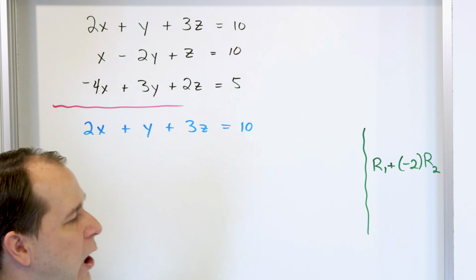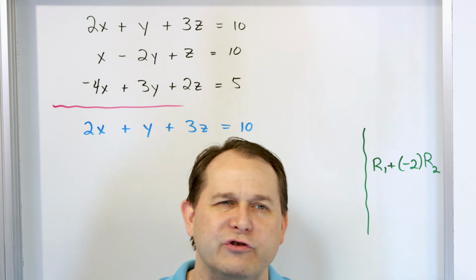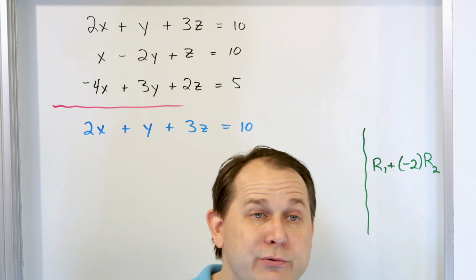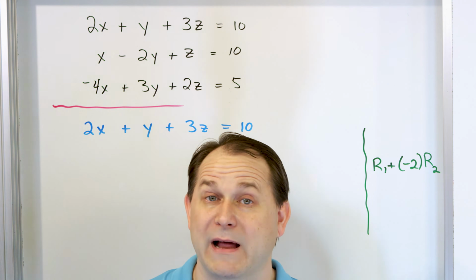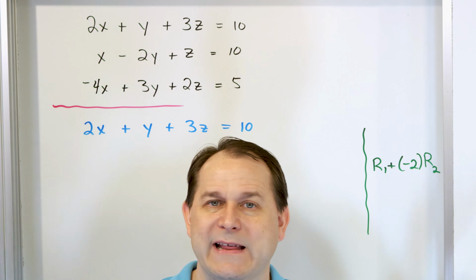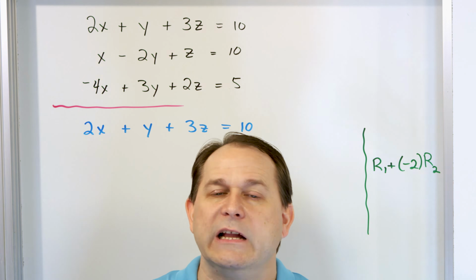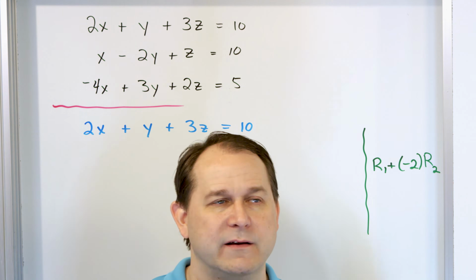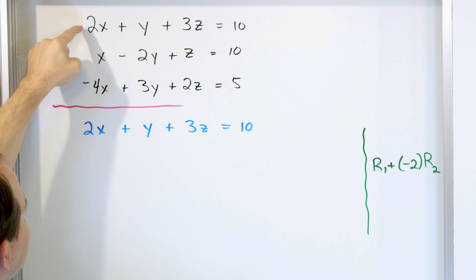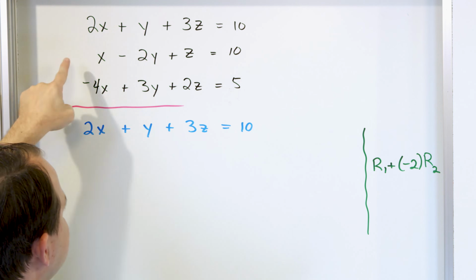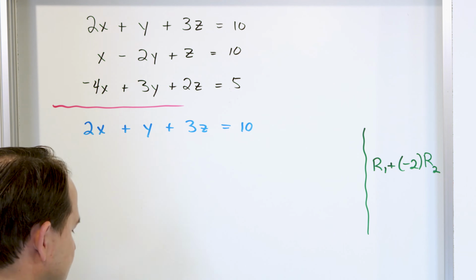That's all I'm trying to accomplish. You have to know the goal, and you have to choose the path through the forest to get to the goal. So you can multiply by any number you want. I can, of course, multiply that equation by 99, but it's not going to eliminate the variable when I add it to another equation. But if I multiply by -2, I'll have a -2x, and then I'm going to add it to this one and put the result in this location. That's why I'm writing it on this line.